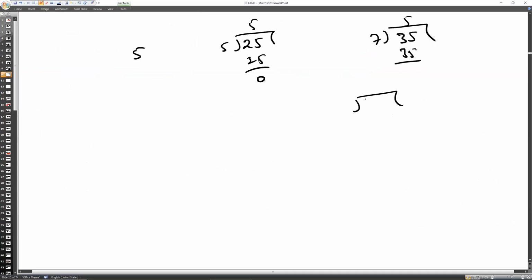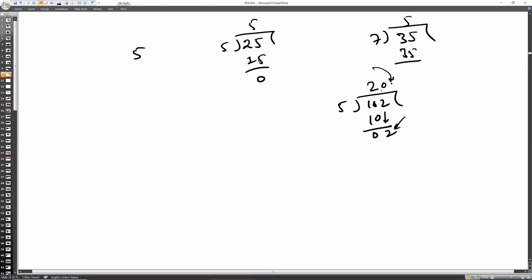But if I say check whether 5 is a factor of 102, when you divide by 5, 5 twos are 10, you get 0, but you get here 2, then 20 something, but you are not going to read more, because you are just getting the remainder as 2. So since the remainder is 2 and you are going to decimal, it is not exactly divisible in whole number.